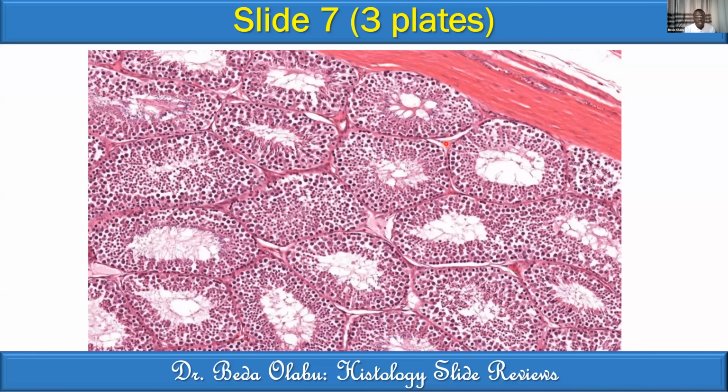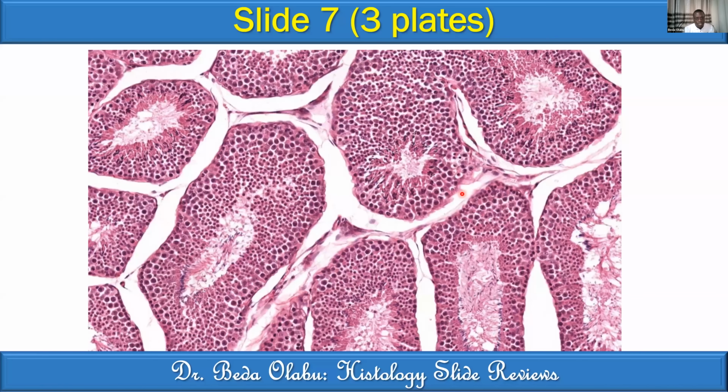So in this last magnification, we see the tubules with complex stratified epithelium. The lumen of the tubule has some elongated projections with spindle-shaped cells. So those are definitely the sperms at the center of the seminiferous tubules.